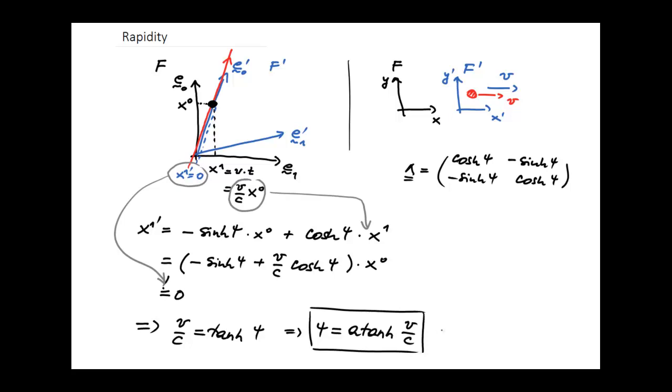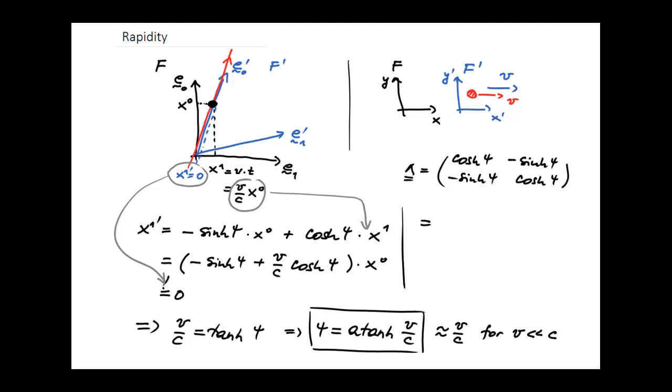So we have the result that this is approximately v over c for velocities much smaller than c. So up to this constant of proportionality, the 1 over c, for small velocities, rapidity is approximately equal to ordinary velocity.